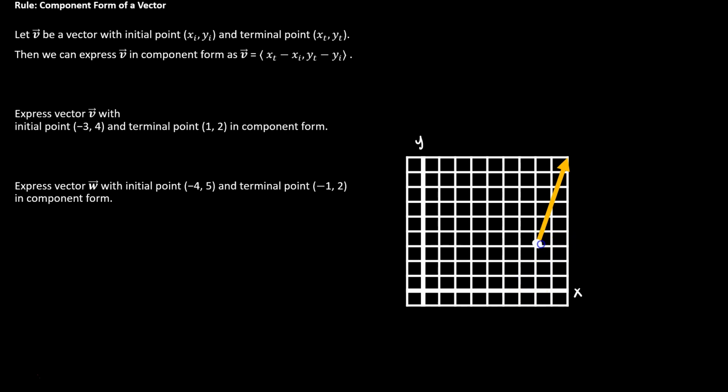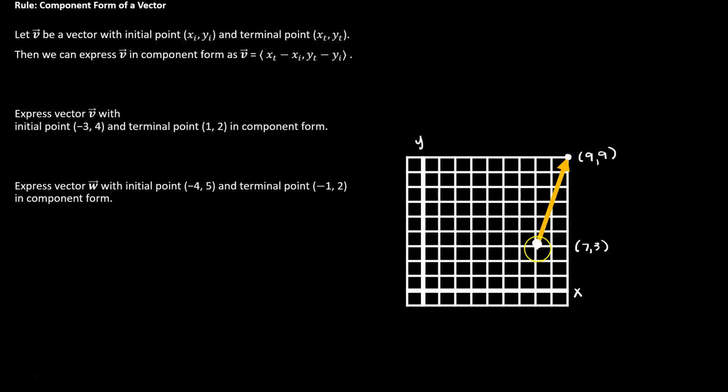So our initial point is at 7, 3. Our terminal point would be at 9, 9. So our initial point and our terminal point, I'm able to identify that here.